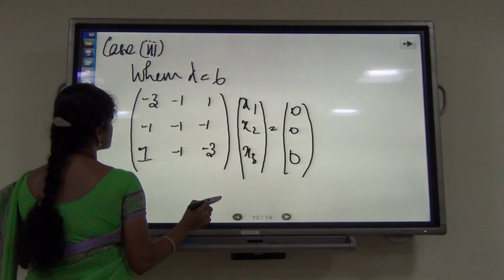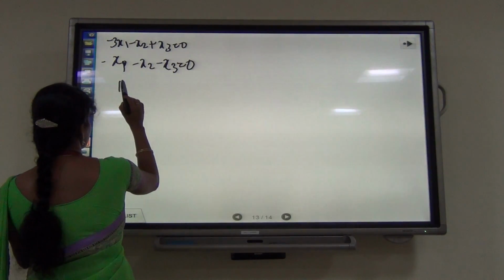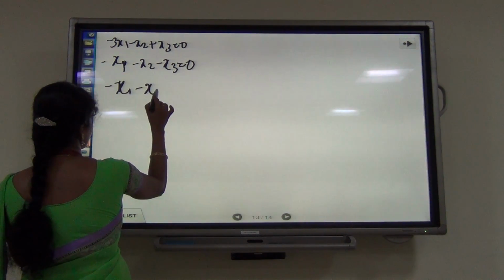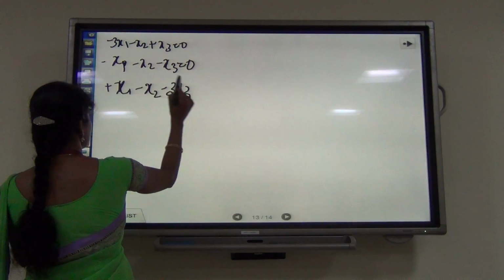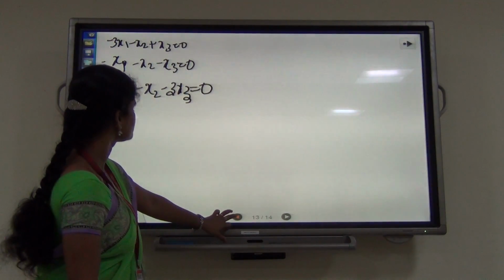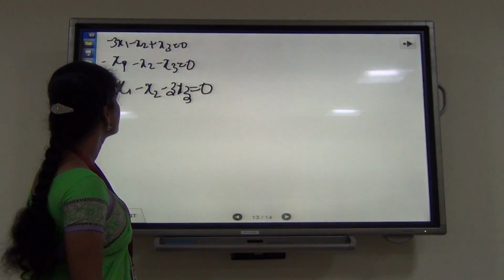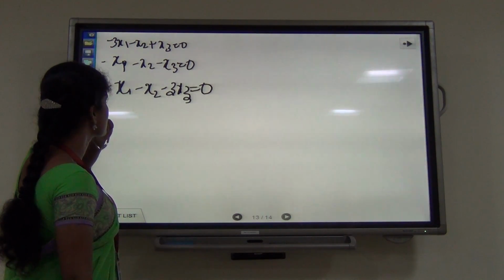And the third one is 1 minus 1 minus 3 is equal to 0. Here we have formed the equations. Now, looking at these three equations, none of them is identical.